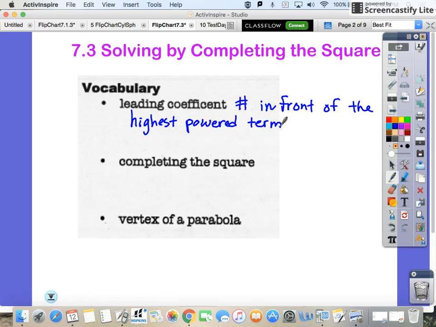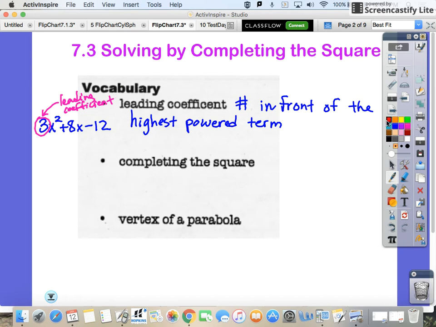So for example, if we were looking at the expression 3x squared plus 8x minus 12, the leading coefficient would be 3. X squared is the highest power and 3 is the number in front.